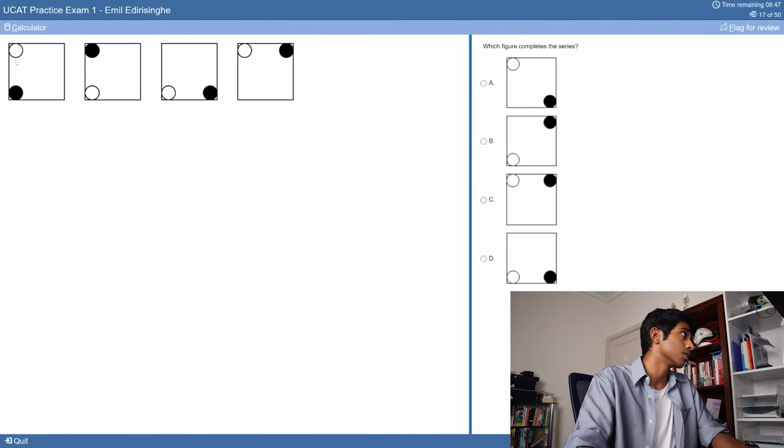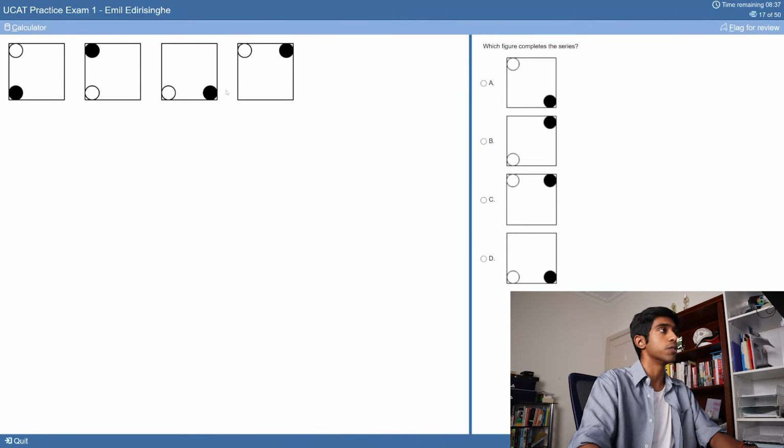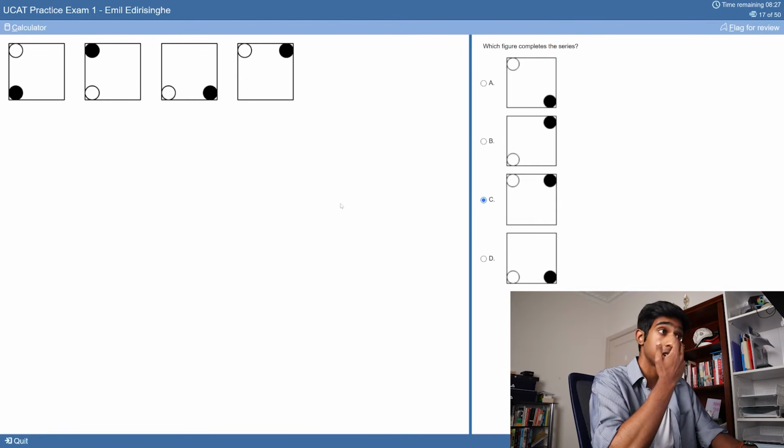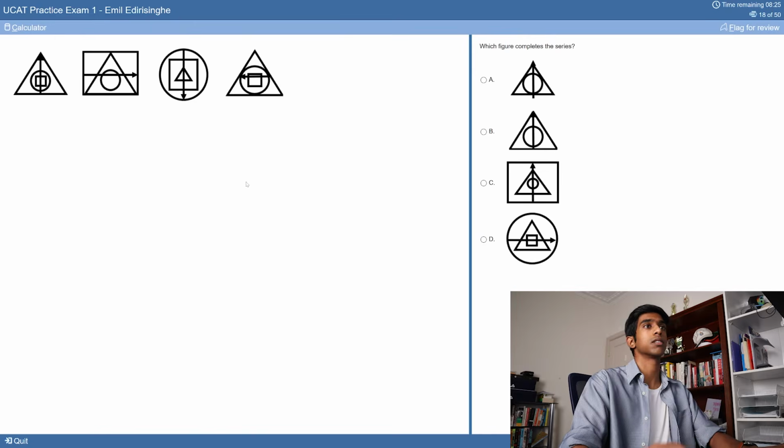So it seems to go, following this one, goes one corner, then moves 2 corners, then moves 3 corners. Yeah. So then it'll move in the 4 corners and move in the same position. And this one goes up, down, down, down, up. So probably up again. I'm thinking it's probably C. I'm not sure whether it's C or B, but yeah.